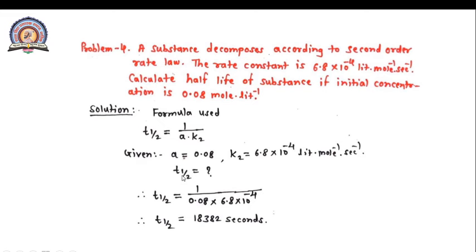Find out the half-life, that is T half, of the reaction. And therefore, T half is equal to 1 upon 0.08 into 6.8 into 10 raised to minus 4, and the final value T half is equal to 18382 seconds. Now this is the half-life period of the given second order reaction.